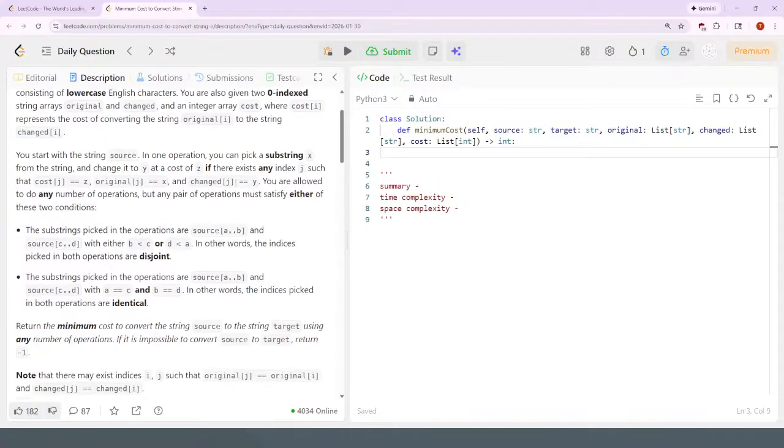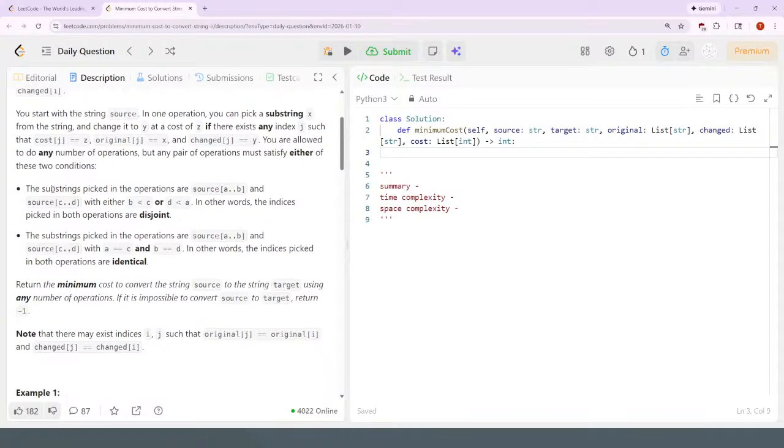You're allowed to do any number of operations, but any pair of operations must satisfy either of these conditions. The substrings picked in the operations are source from A to B and source from C to D, with either B less than C or D less than A. In other words, the indices picked in both operations are disjoint.